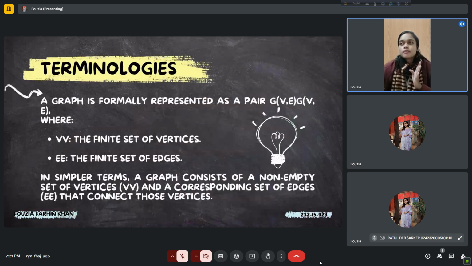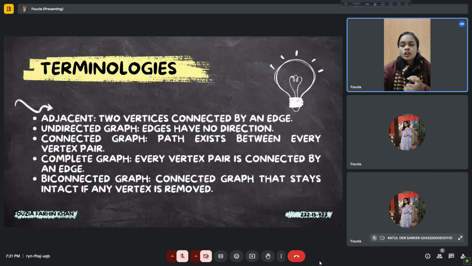Graph basics. Let's start with some basic concepts in graph theory. Adjacent vertex. Two vertices are considered adjacent if there is an edge directly connecting them. Undirected graph. In an undirected graph, edges have no direction.